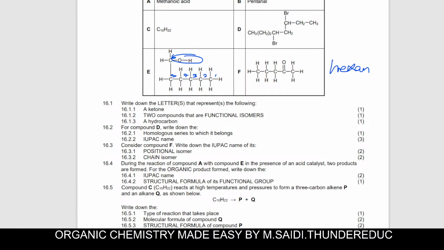Why do I say it's on carbon atom number 1? Because of this: 1, 2, 3, 4, 5, 6. What about when I'm coming from this side? This is a straight chain. Let me ask you a question. When you sleep on the bed and you bend your legs, do you become a different person?